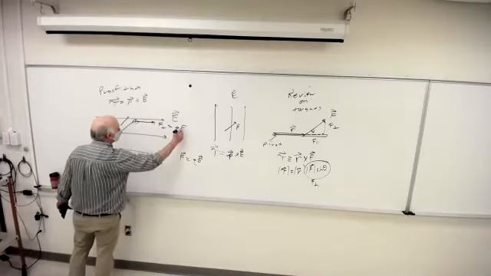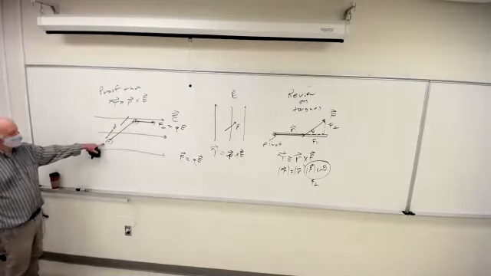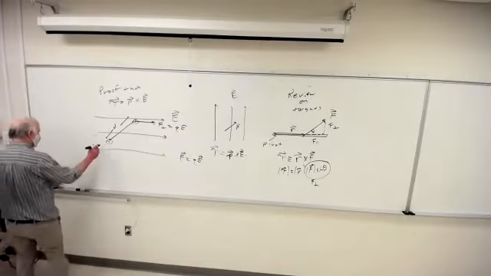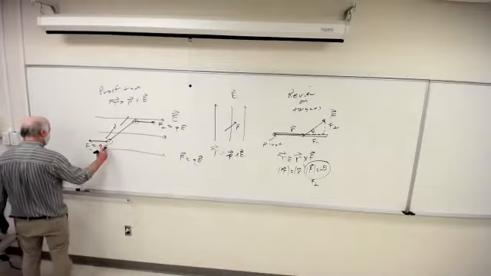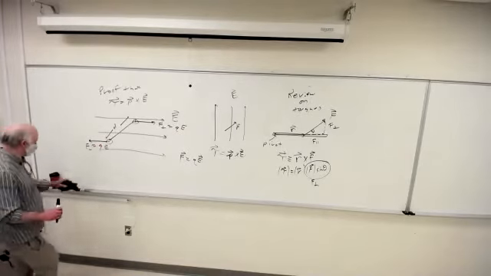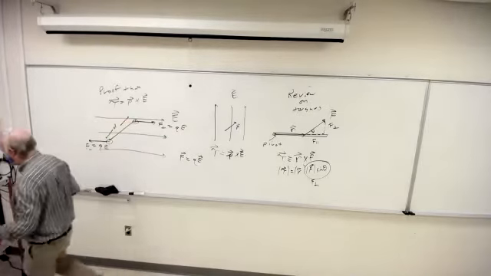This is Q times E. What about the force on this guy over here? Negative. It's negative, exactly, and going this way. So this F minus will be this Q times E like that. Now, what's going to happen here? What's going to happen here? Where'd my stick go? Here's my stick.